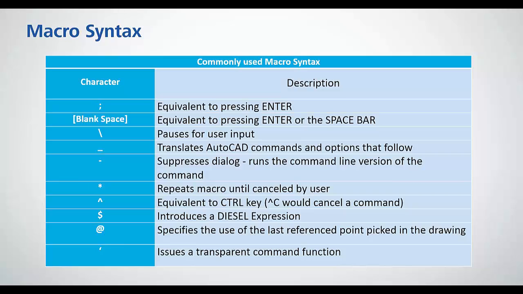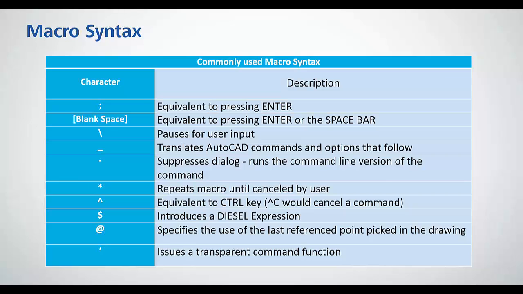Many macros will use commands that are typically dialog boxes, like the layer command. What if I want to run a macro that creates a layer or sets it current or changes the color of a layer, whatever you want to do with a layer, or run a layer state function to restore a certain layer state?